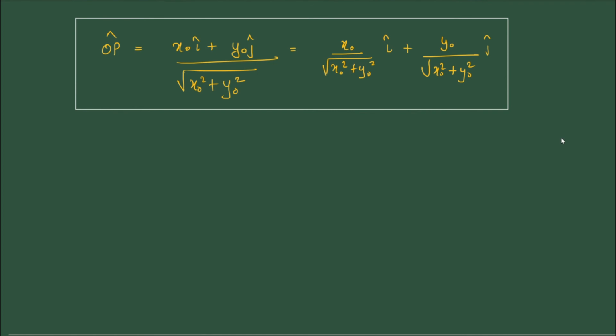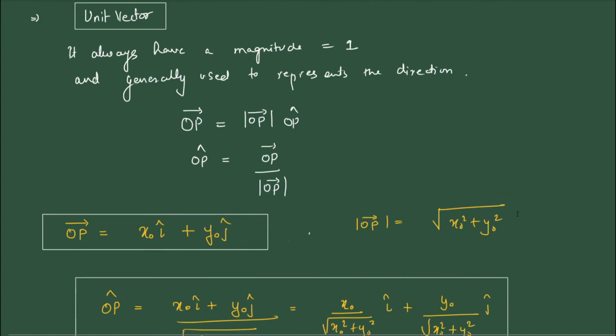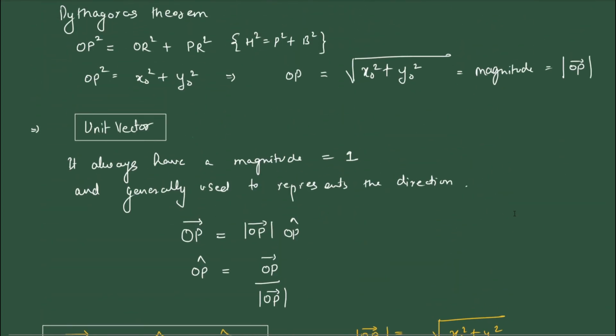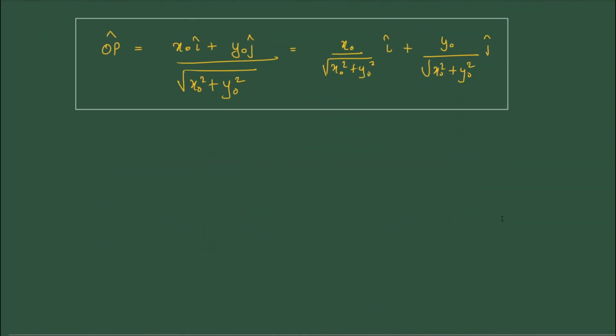And let me just confirm what I asserted in the beginning. I told you that a unit vector is a vector which always has a magnitude of 1. Let us confirm this. Let me measure the magnitude of the OP unit vector.